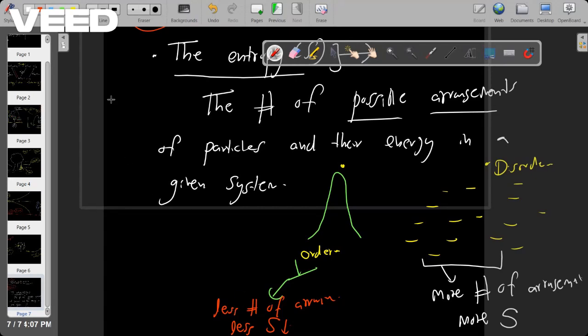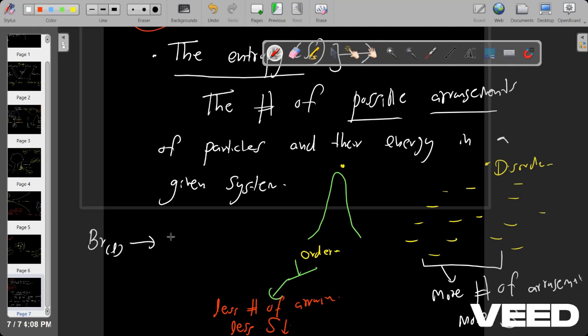Now you have a system of, let's say, bromine liquid. I am converting it into bromine gas.